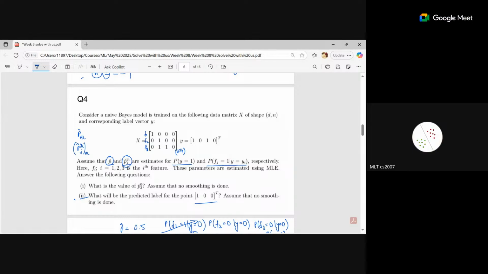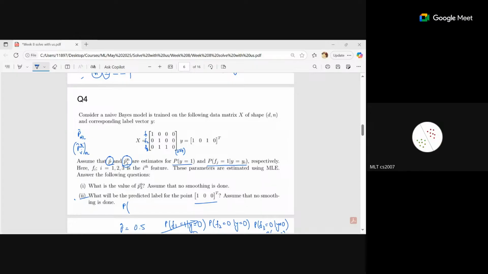You need to compare the probability of each label. Suppose there are three labels for this x test, then you'll have to check all the possibilities.